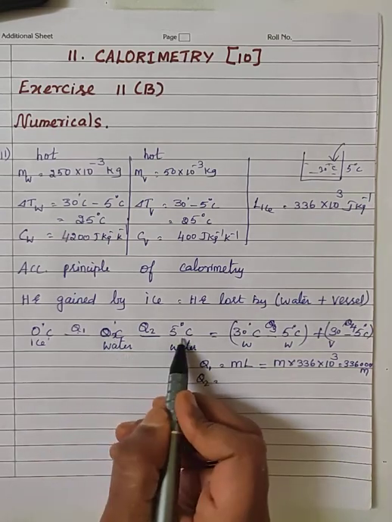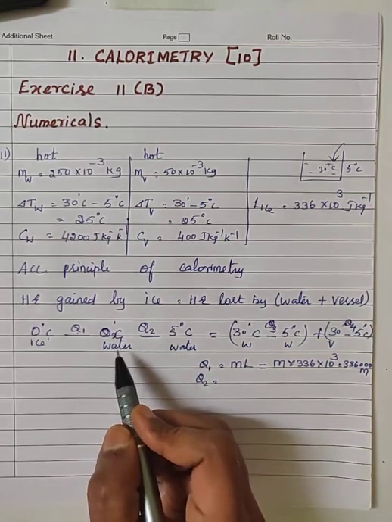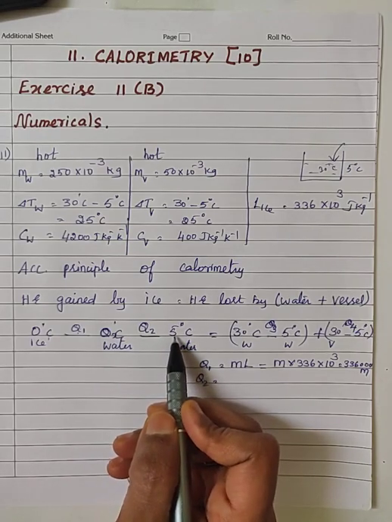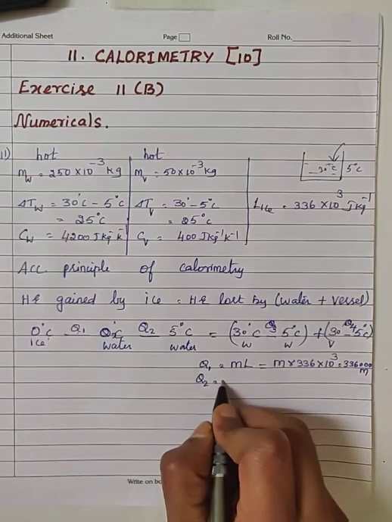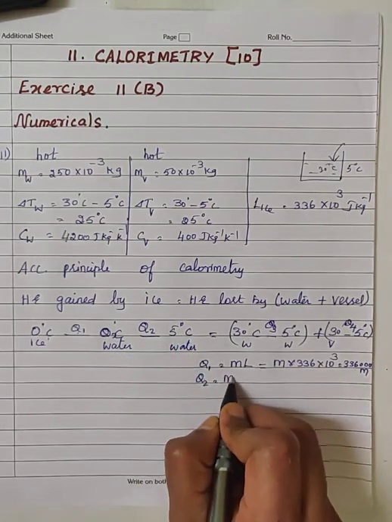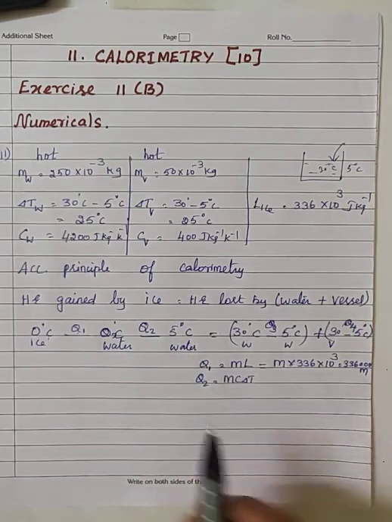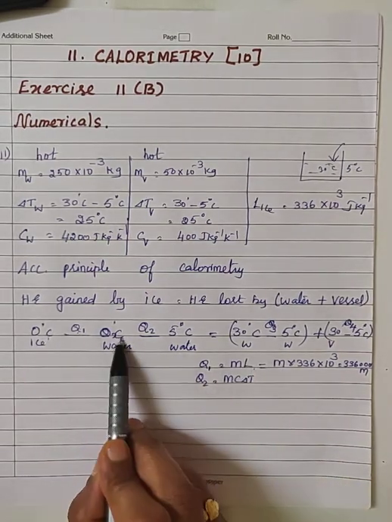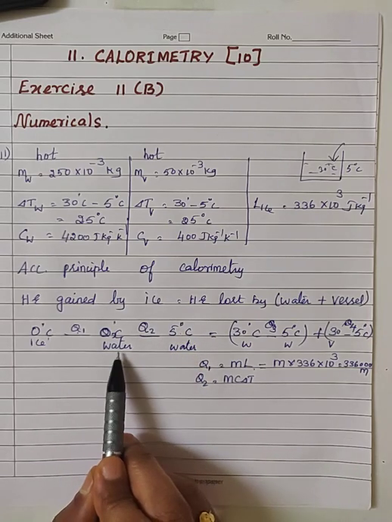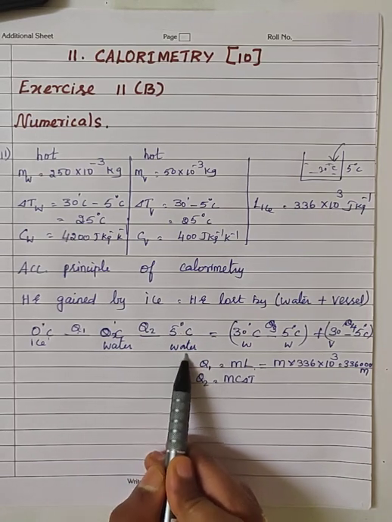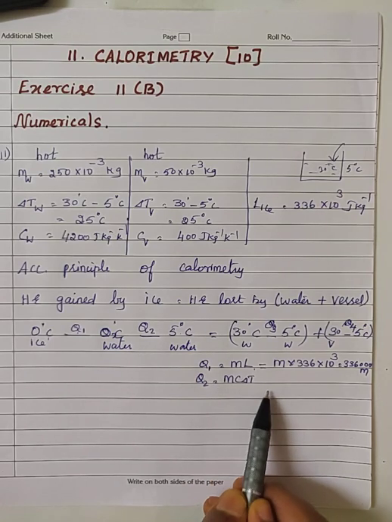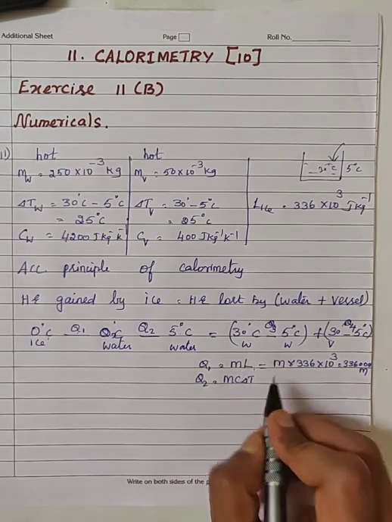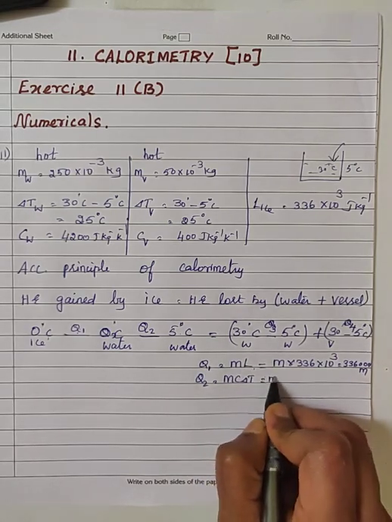The next one is Q2. Q2 is equal to this one. That is 0 degrees Celsius of water absorbs this heat energy to raise its temperature to 5 degrees Celsius of water. So here there is a change in temperature. So the expression is mc delta T. Understand one thing. Whenever there is a change of phase, the expression is mL. Whenever there is a change in temperature but the substance remains in the same state, the expression is mc delta T. Yes, the expression for quantity of heat energy absorbed or liberated is, mass of ice is not given.